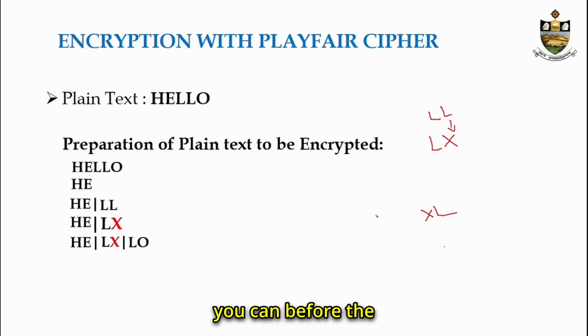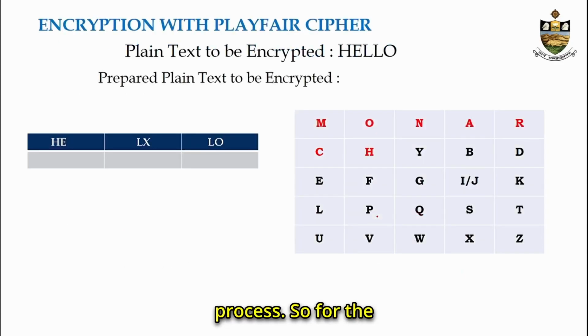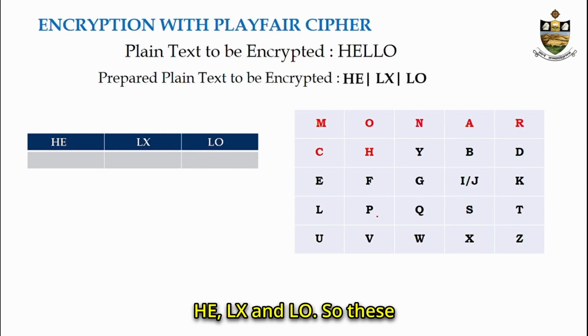So before the encryption, the arrangement of the letter pairs for the word hello is HE, LX and LO. Now we begin the encryption process. These are the three pairs of characters.